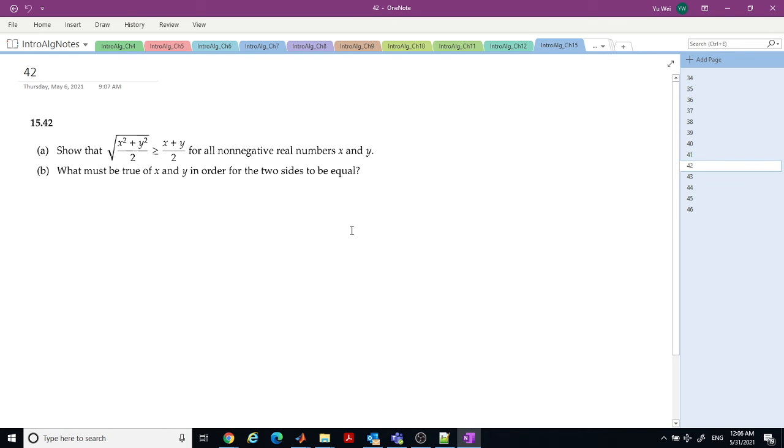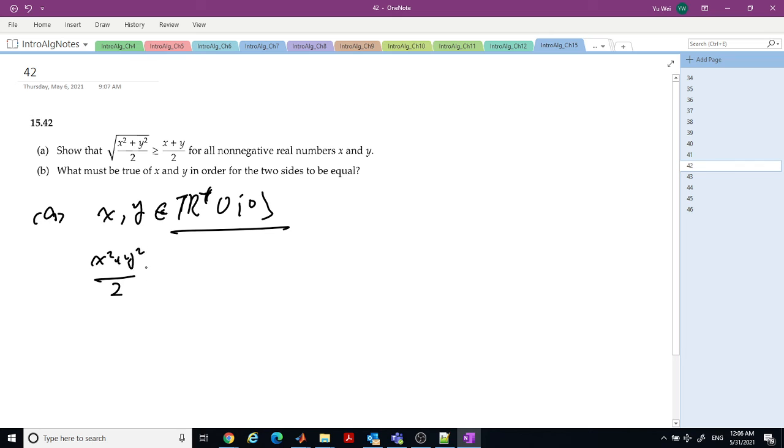Next, can we show this for all x and y that belong to the positive or zero, right? Greater than or equal to 0, we want to prove this. So let's do the square. So 2x squared plus y squared compared with 4 times (x squared plus y squared plus 2xy).